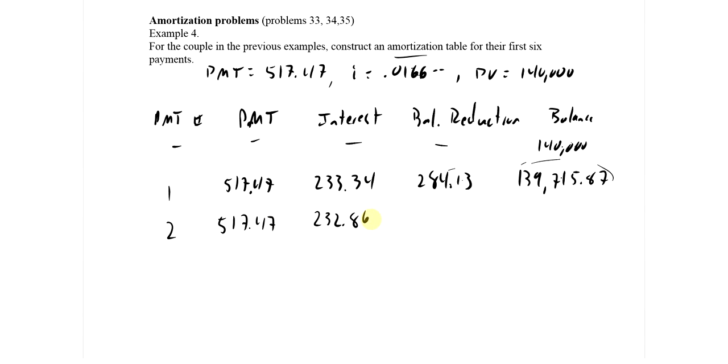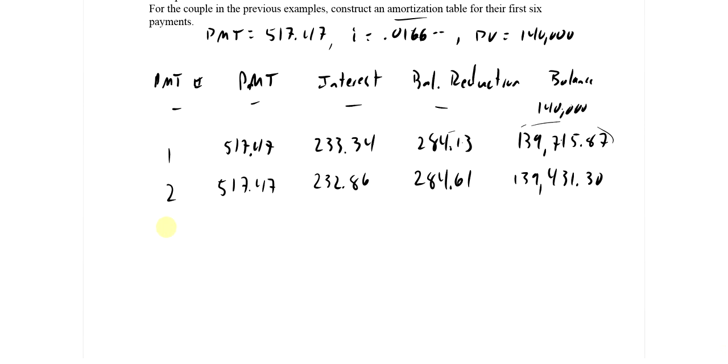Note your interest load has gone down by, I don't know, 50 cents here, because the balance has gone down a little bit, and that means that you can pay more off on the debt. So you pay off an extra 50 cents. And so you end up with 139,431. I think my computer rounded everything to one decimal, so we'll just have to live with that. The number's a little bit out of whack.